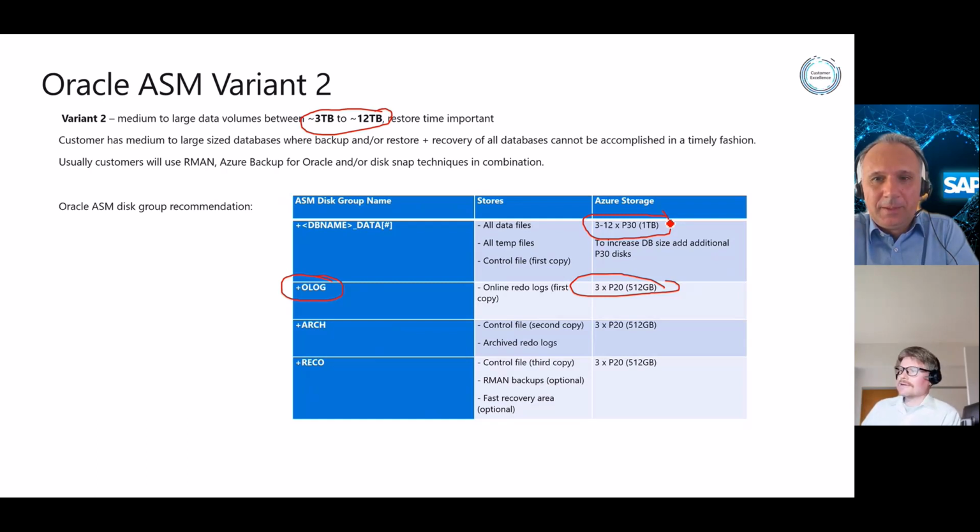And of course, all those disks that are part of the same ASM have to be of the same size. So if they use P30, they should continue with the P30. They shouldn't add, I guess, P20 or P40. Absolutely not.